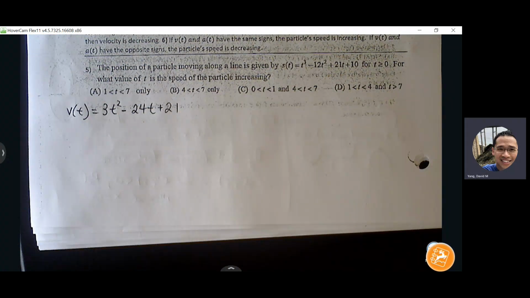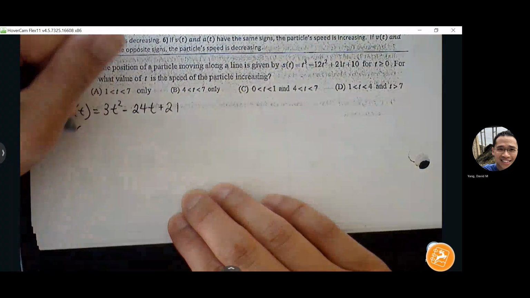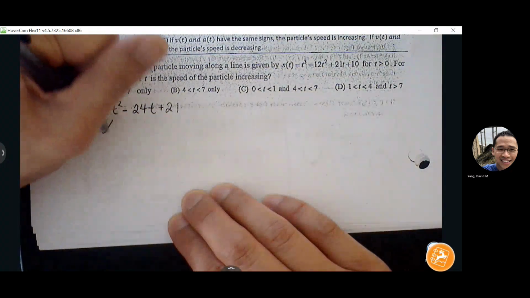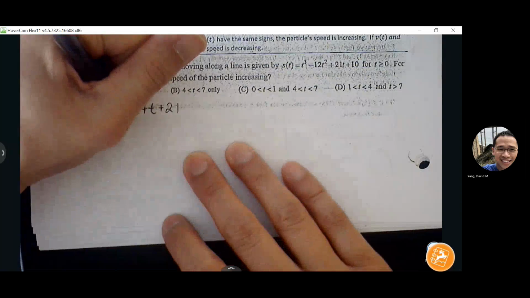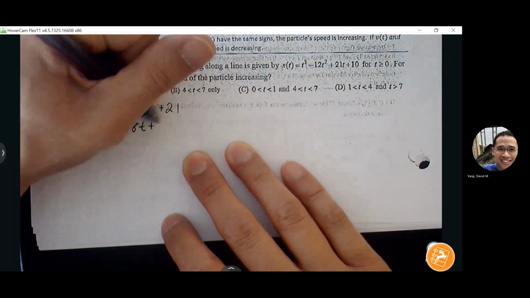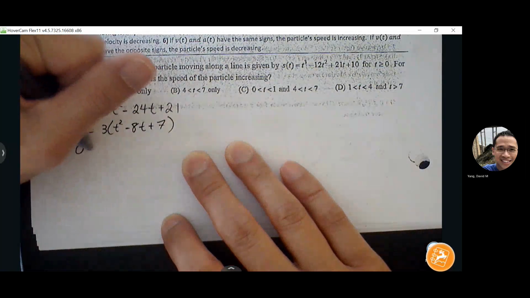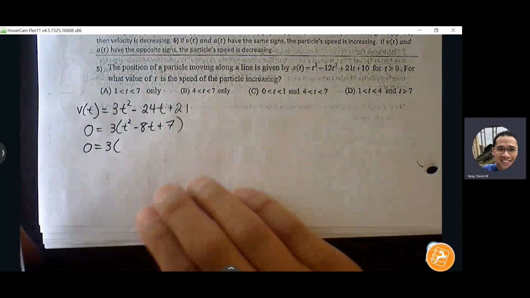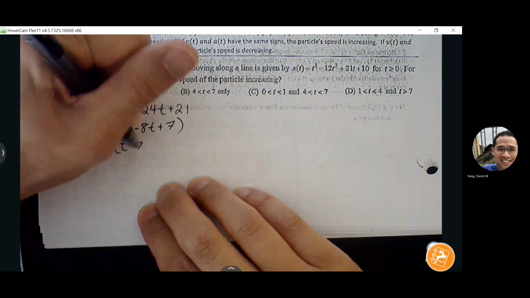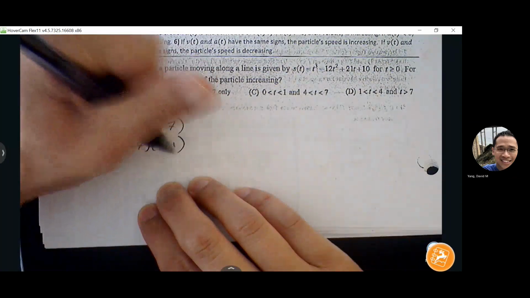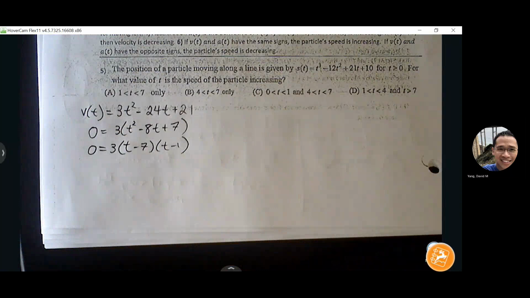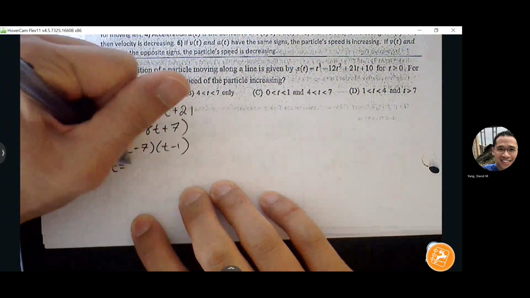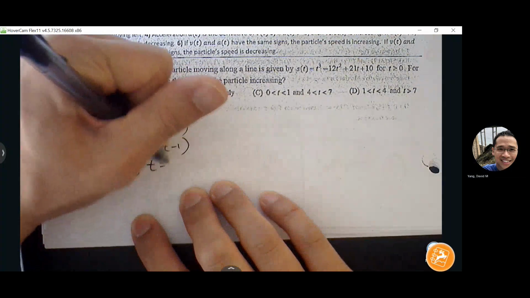Okay, GCF of 3. Multiplies to be 7, adds to be -8. t equals 1 and 7.